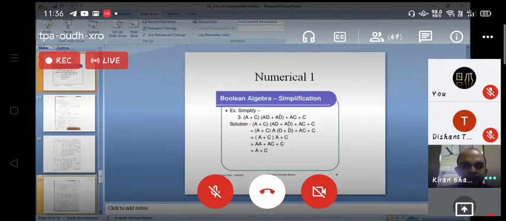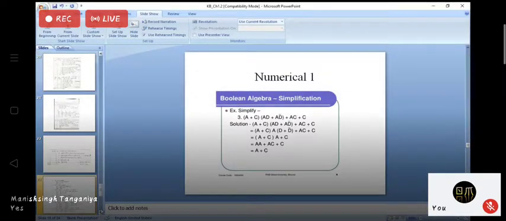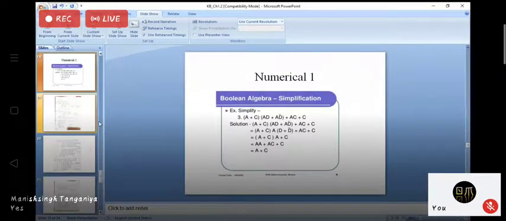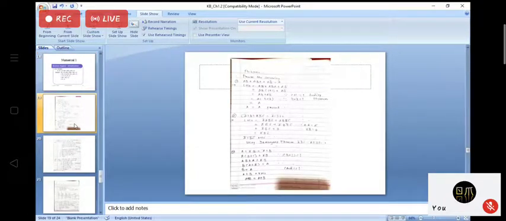So I will give you 2 to 3 problems as simplification, or I have compiled at least 20 problems, and with the solutions, I have solved it on my own notebook and I have shared with you, because I know that this topic will be of interest for you. So I have tried to cover as many numericals as possible.